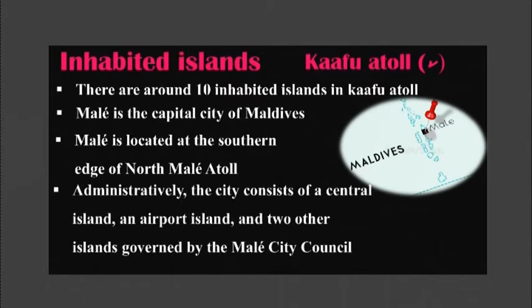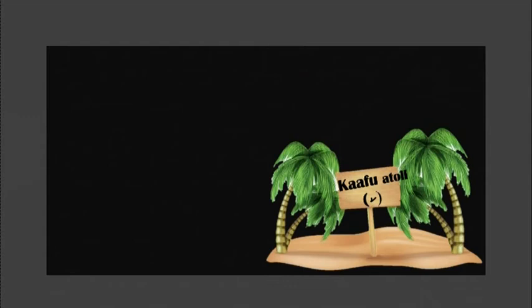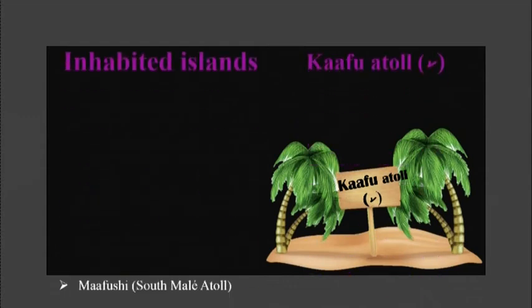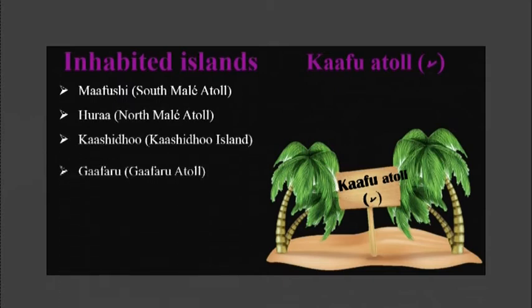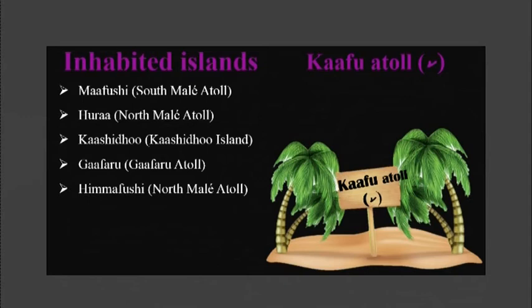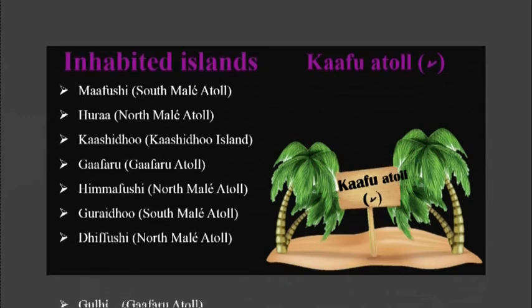Administratively, the city consists of a central island, an airport island, and two other islands governed by the Malay City Council. And the inhabited islands in Kaf Atoll are Mafushi, Hura, Kashido, Gafar, Himafushi, Gurado, Diffushi, and Guli.